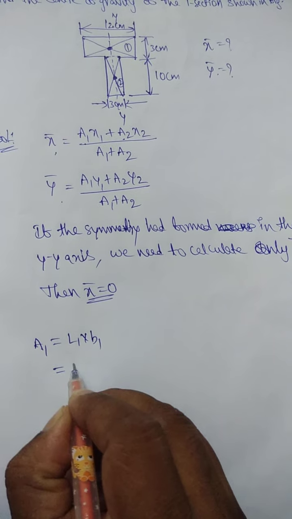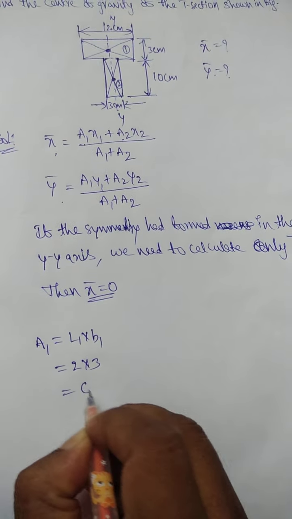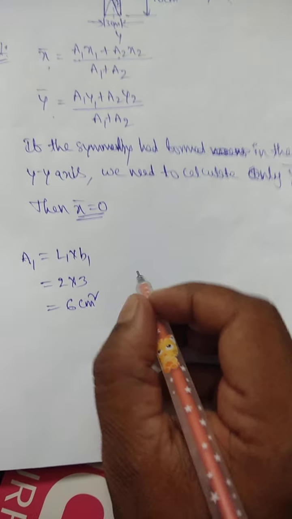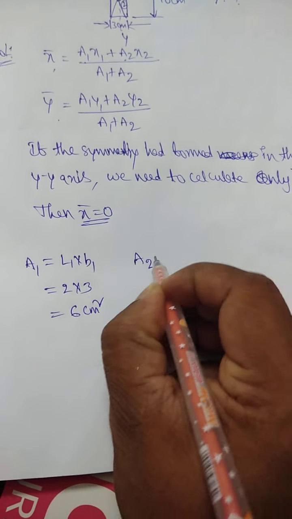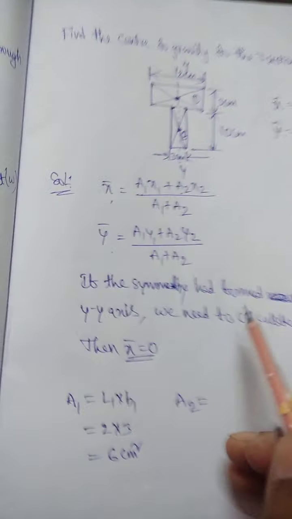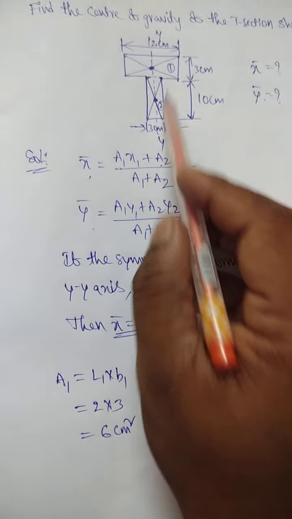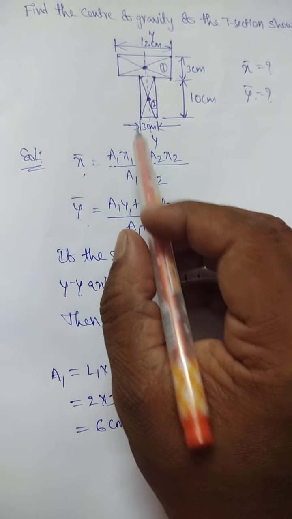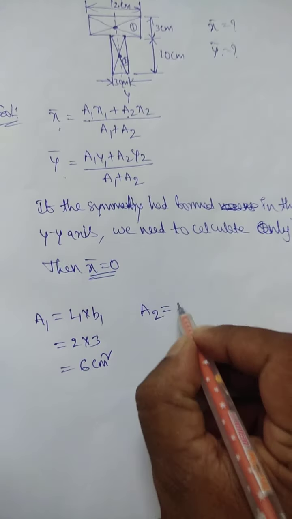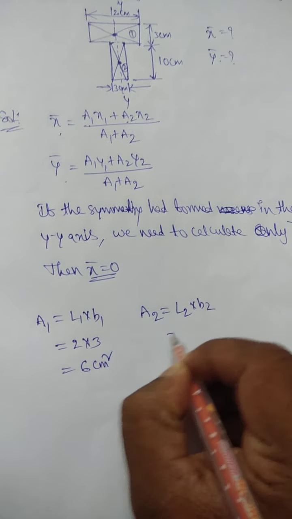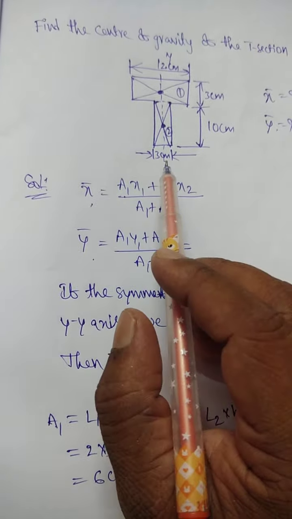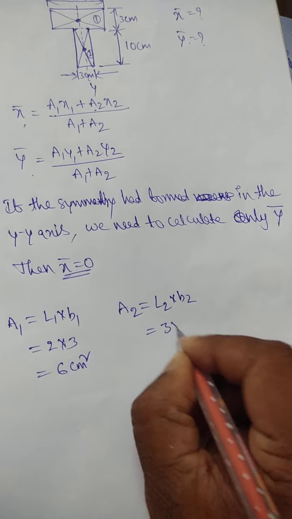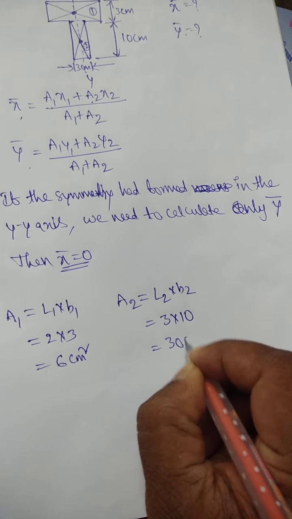Hence a1 is 2 into 3 is equal to 6 centimeter square. Now a2: we take the second part of the T section, which is also a rectangle. The area is L2 into B2, that is 3 centimeter into 10 centimeter is equal to 30 centimeter square.